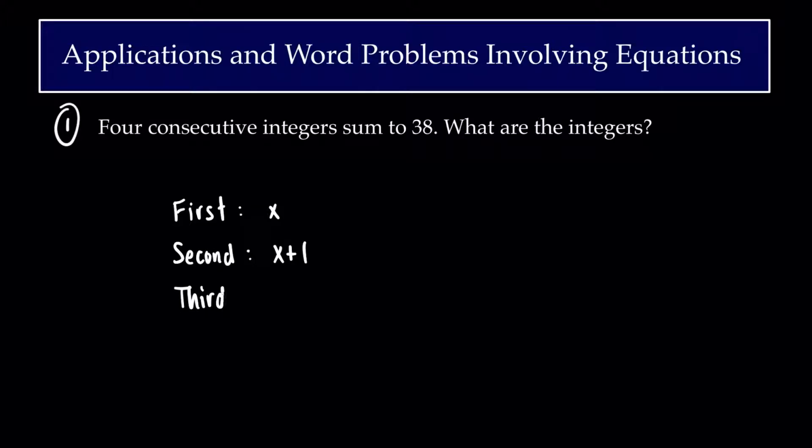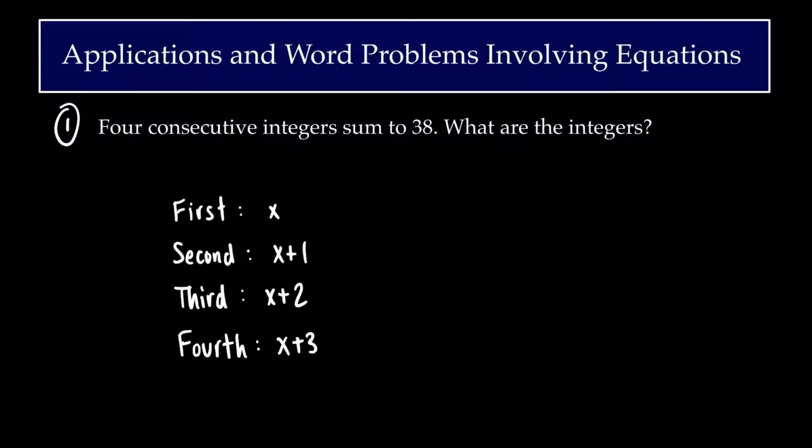And then using a similar argument, the third integer is one more than x plus 1. How do we write 1 more than x plus 1? How about x plus 2? You could say x plus 1 plus 1, or you could just say x plus 2. How about the fourth integer? What's the fourth integer in terms of x? It would be x plus 3, because it's 3 more than that first integer.